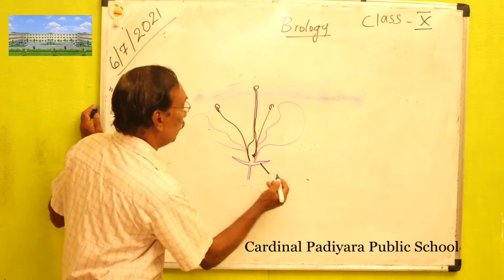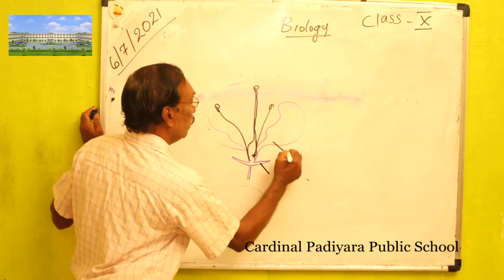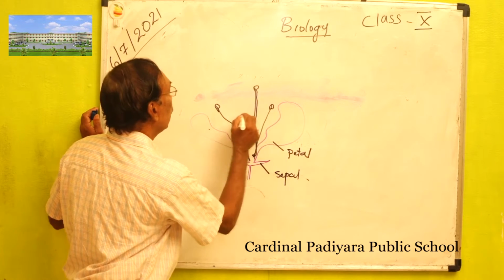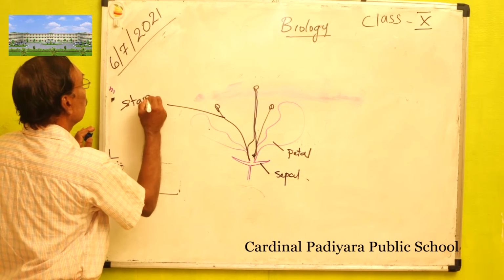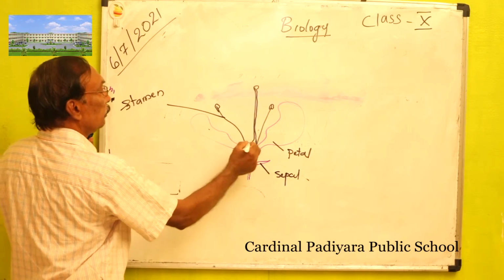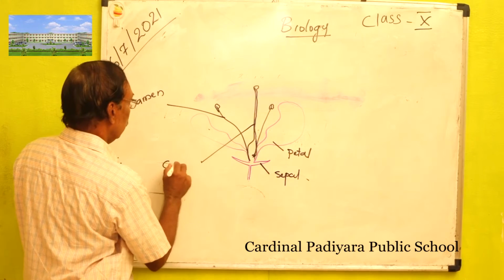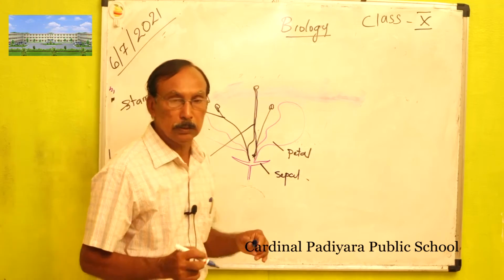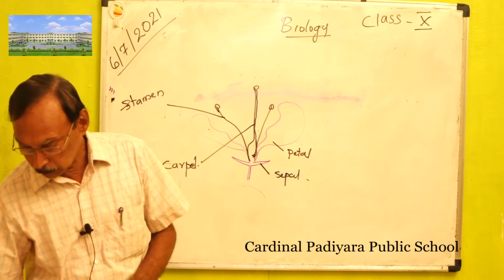The outermost part is called the sepal, then the colored part is called the petal, and then this is the male part of the flower, called the stamen. Then at the center, the female part is called the carpel. Carpel is also known as the pistil. So these are the most important parts of a flower.